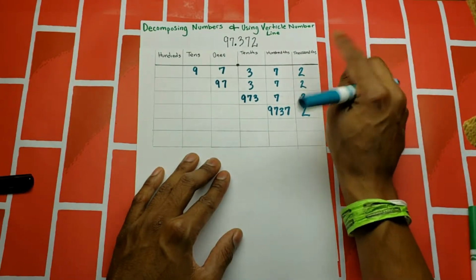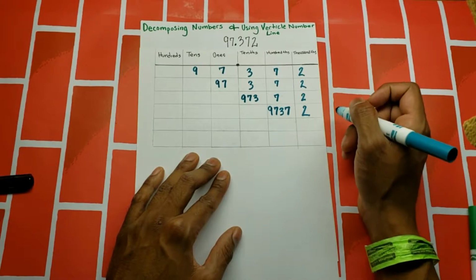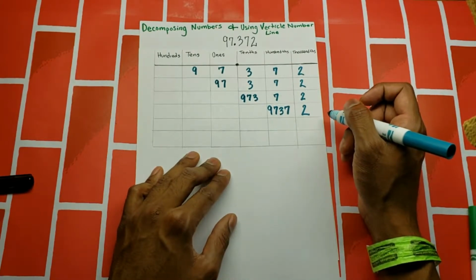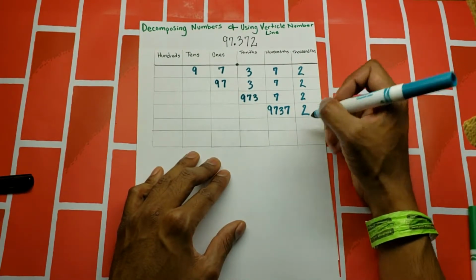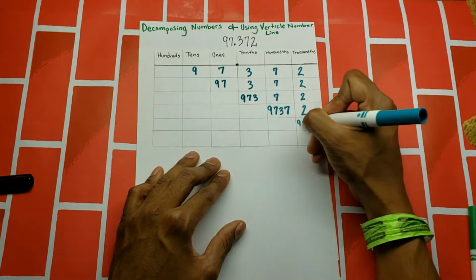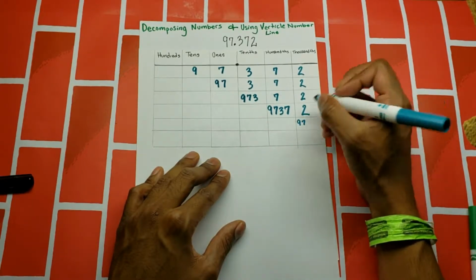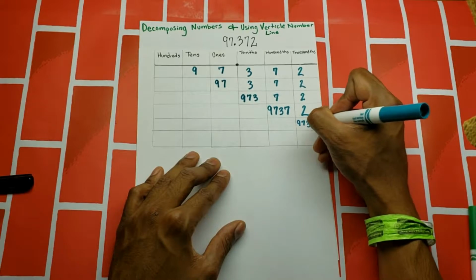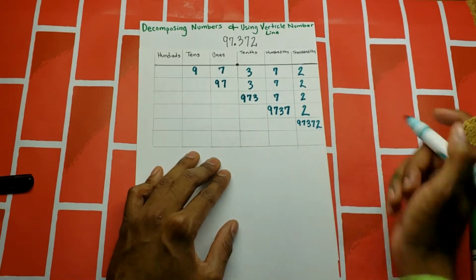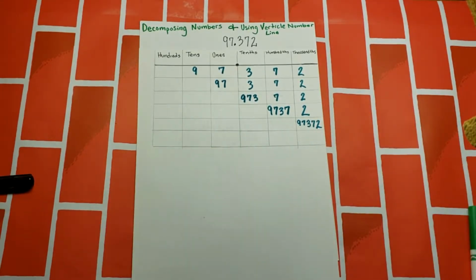And then finally, the total number of thousandths in the number 97 and 372 thousandths would give us 97,372 thousandths. So that is the first step, which we have now fully decomposed our number.